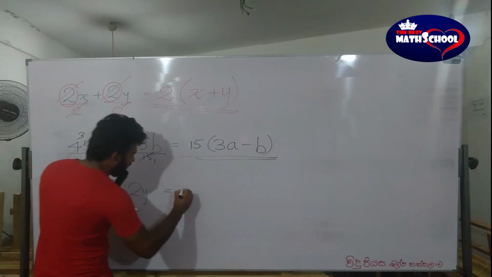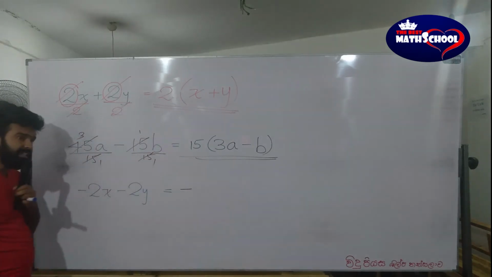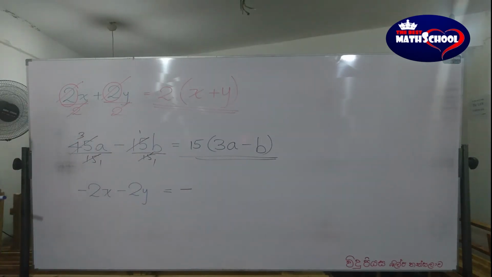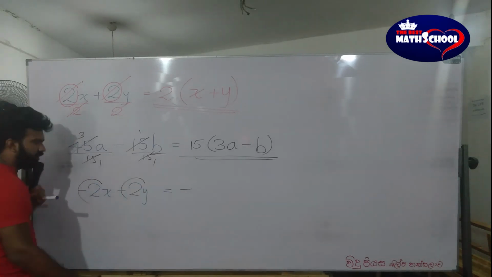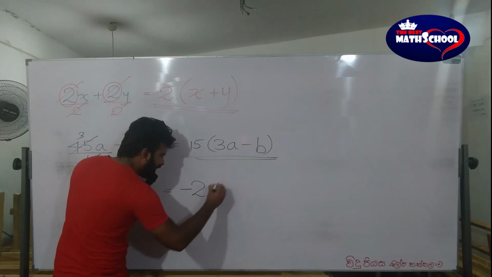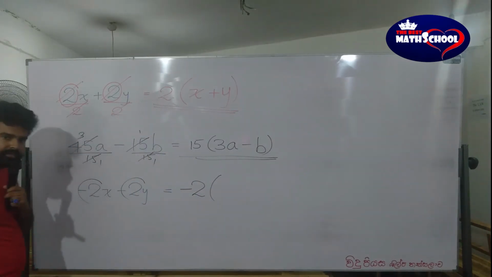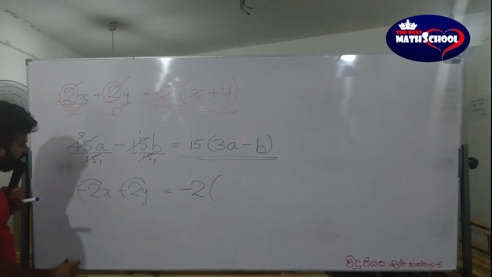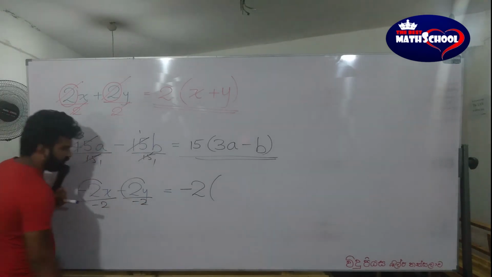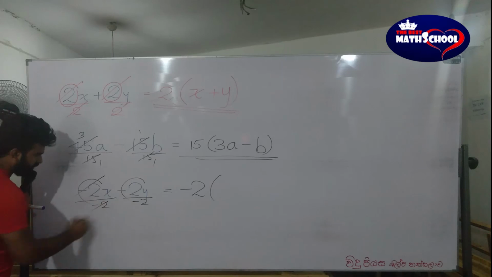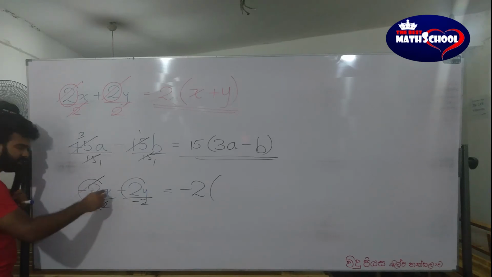That means you can take the minus mark out and then check what is the highest common factor. You can see 2 is common, so you can take minus 2 out. Got it? When you take minus 2 out, both these terms should get divided by minus 2. So minus 2 and minus 2 will be gone and x will remain.